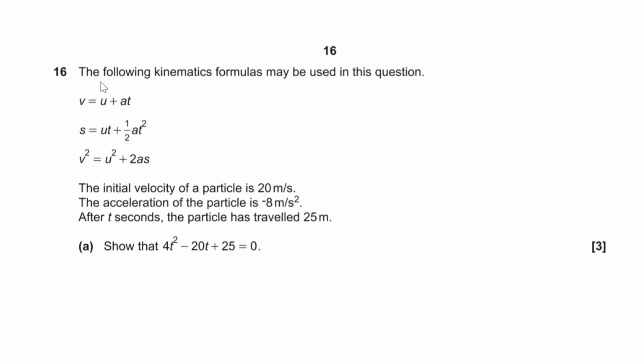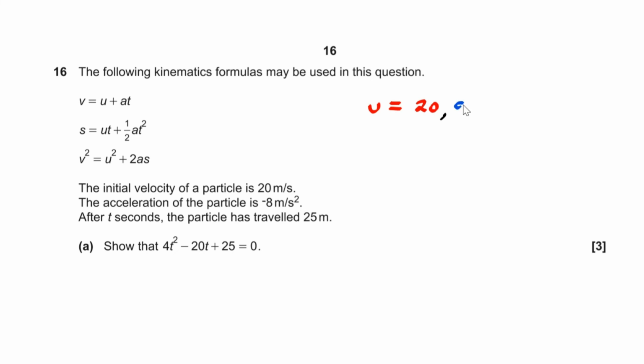Question number 16. The following kinematics formulas may be used in this question. We've got v equals u plus at, s equals ut plus a half at squared, v squared equals u squared plus 2as. The initial velocity of a particle is 20 meters per second, so that means u is equal to 20. Then we've got the acceleration being minus 8.